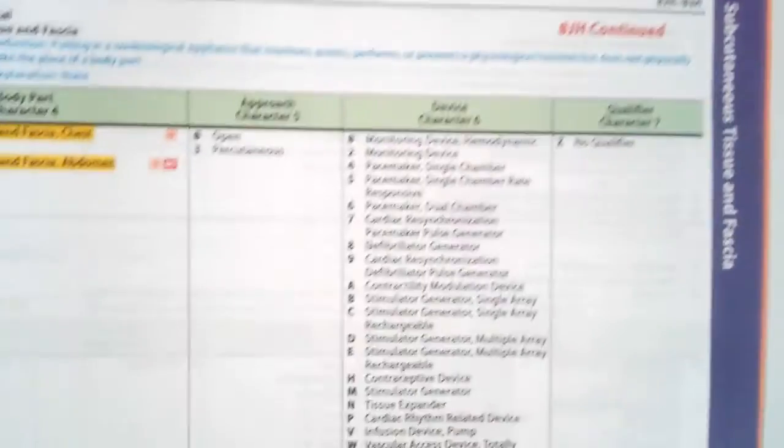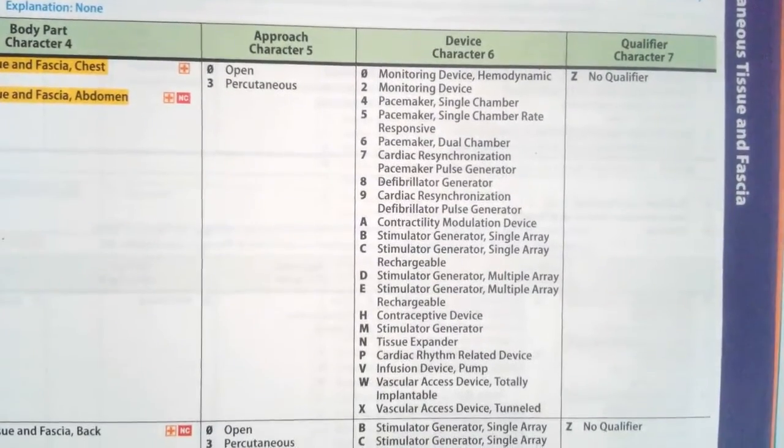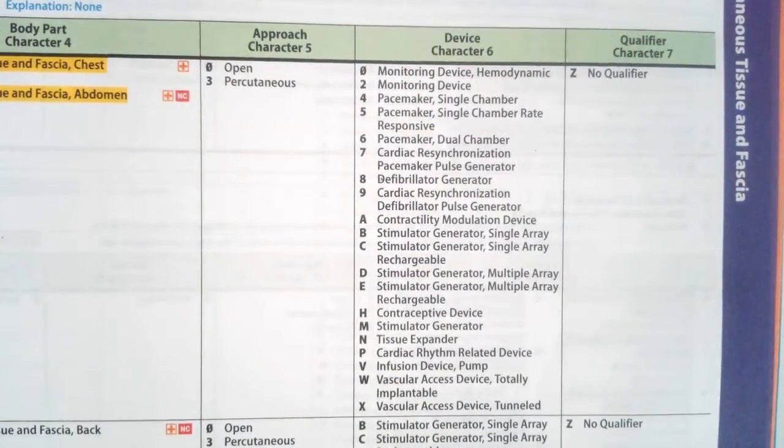Now, oh, our device. This is the longest list we've seen thus far. And the question that we have to answer is, what type of device are we talking about that was put into the chest? And guys, again, it is critical that you understand what is going on. You have to understand the clinical aspects of these procedures in order to code them.